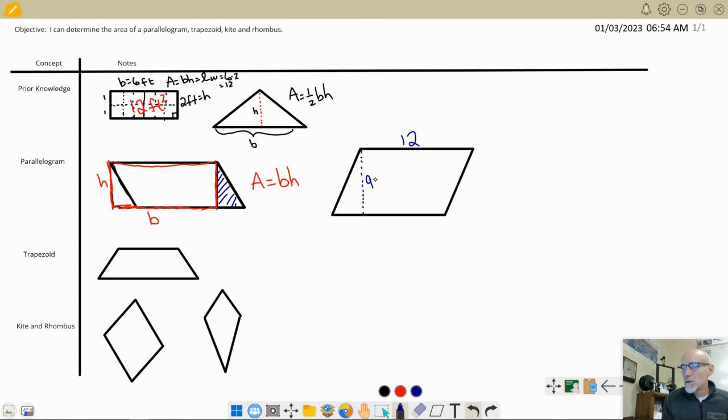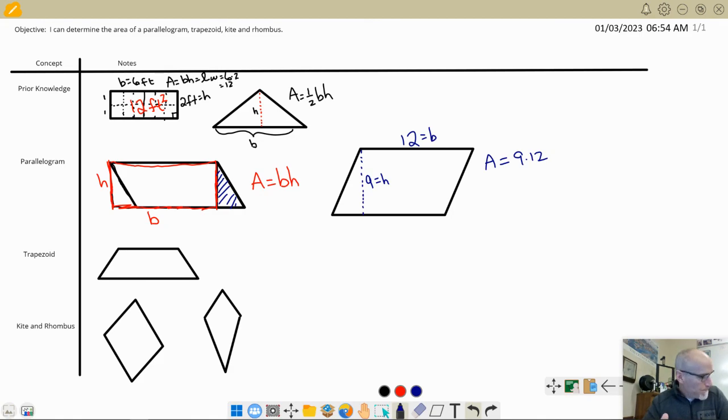This is 9, so this is the height. This is the base. The area is 9 times 12. Go ahead and do that on Desmos or in your head, and then type it into McGraw-Hill and try it out. The first 4 problems are parallelograms.